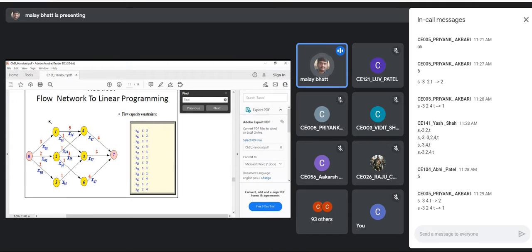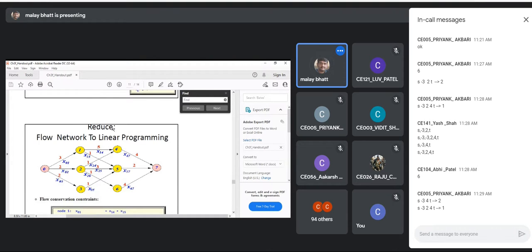Right? So this is how you will get the constraint for all the variables. The value should not be more than this. Clear? Are you getting this? Right? So there is one flow capacity constraint, which you will define in the form of a linear equation.